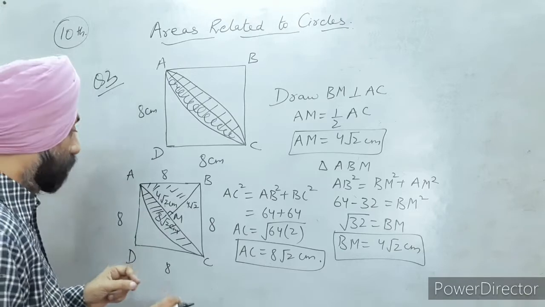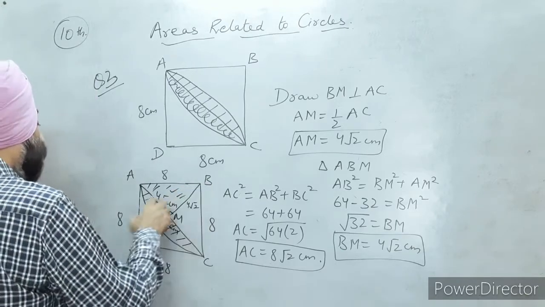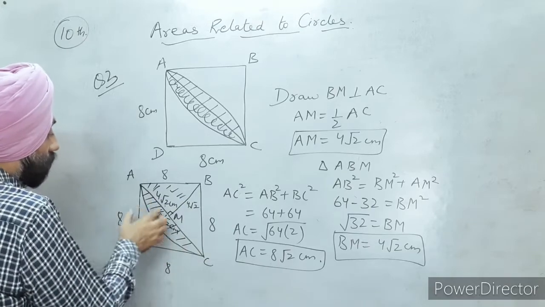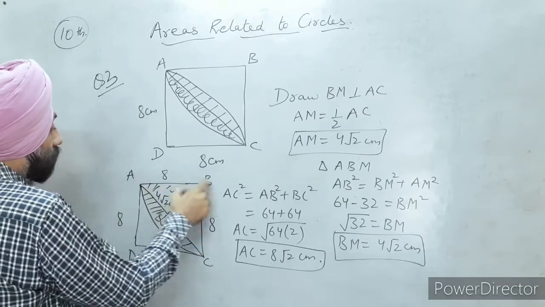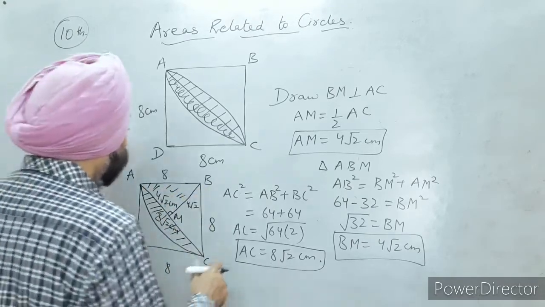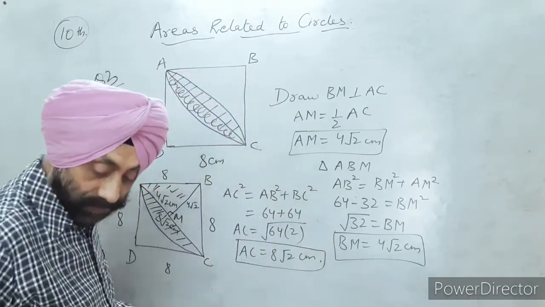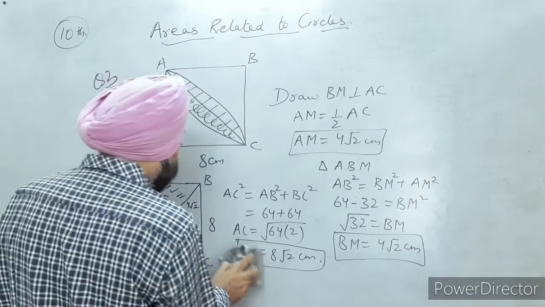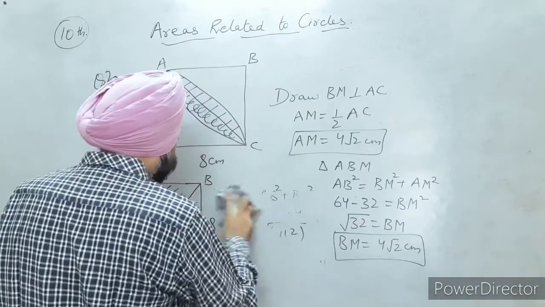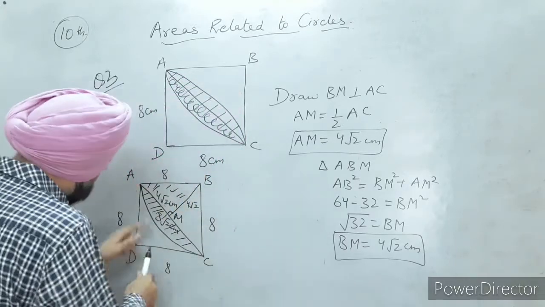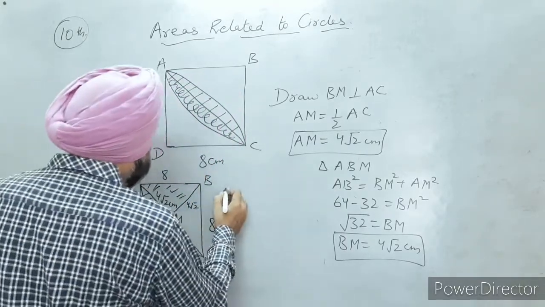Now it's very simple. If I want to find the area of this shaded region, I will find the area of the quadrant minus the area of the triangle ABC. Let me find out. I have the values now. This is the area of only this portion of the shaded region.